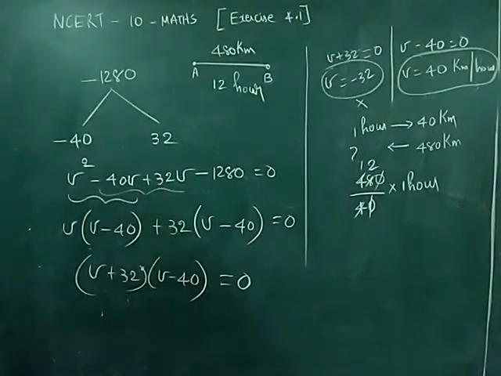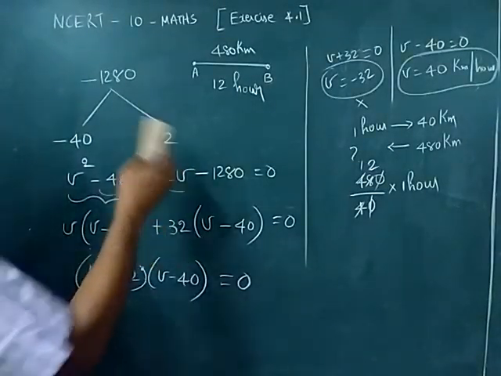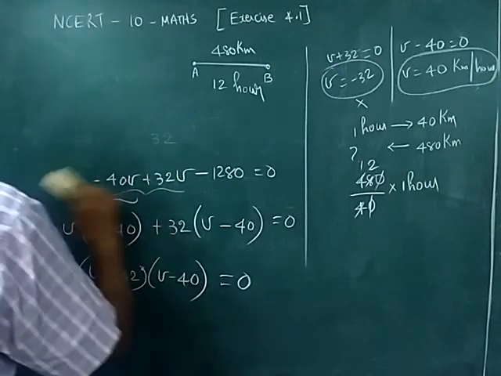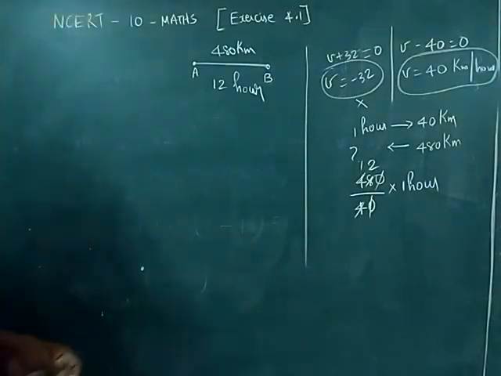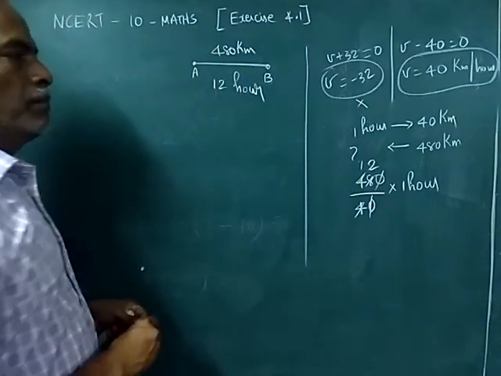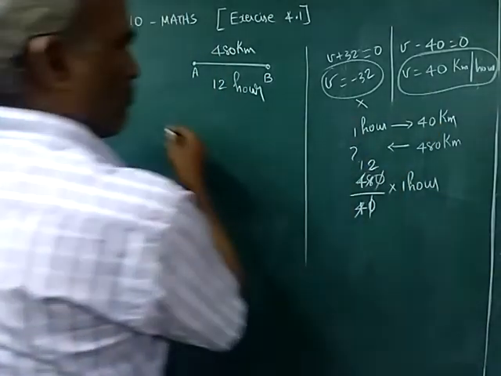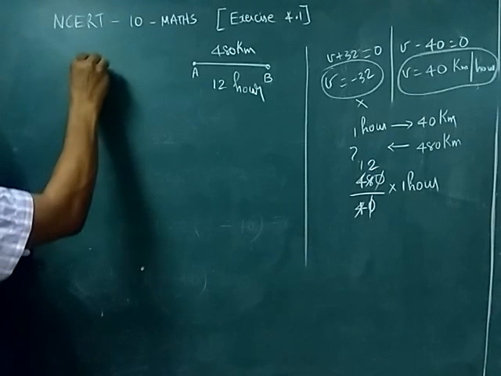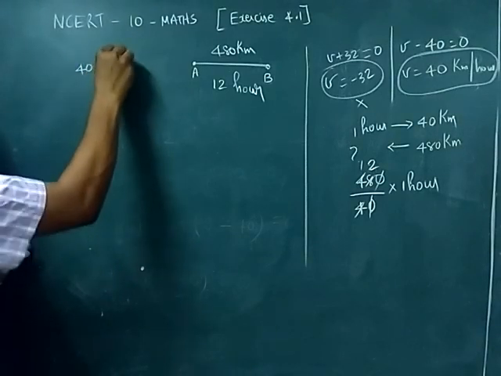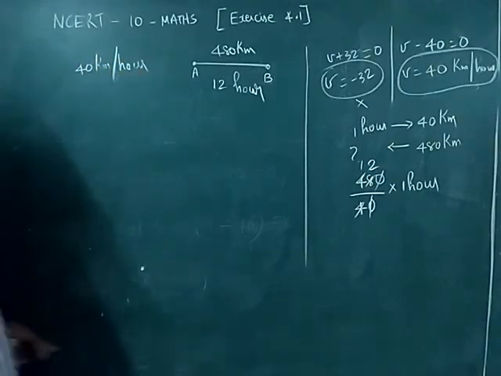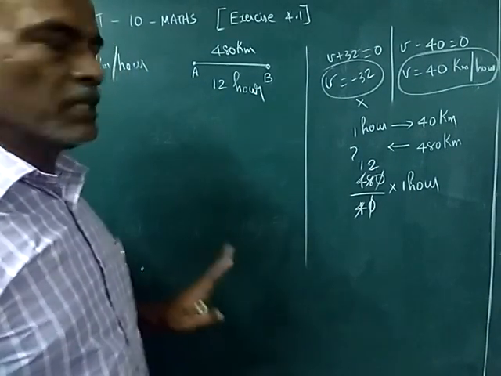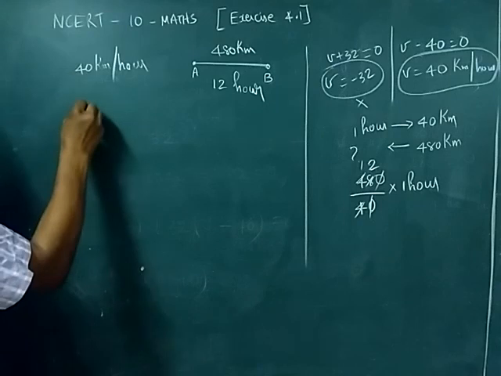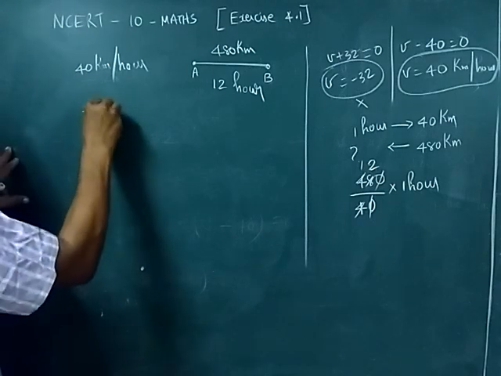Now we will verify the second one. They have said if the velocity, that is 40 km per hour, is decreased by 8 km per hour, now you have 32 km per hour.